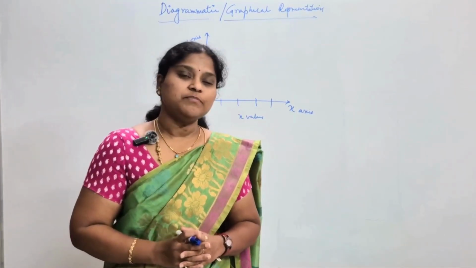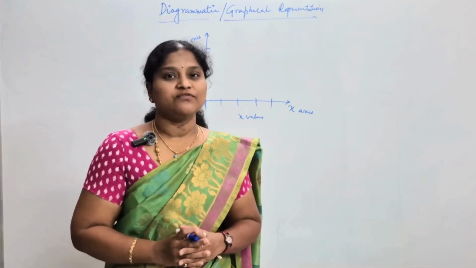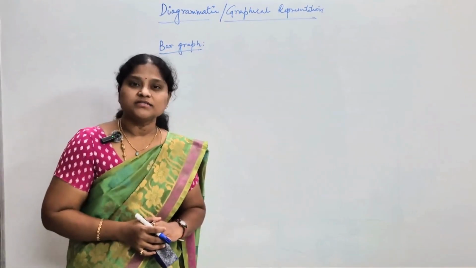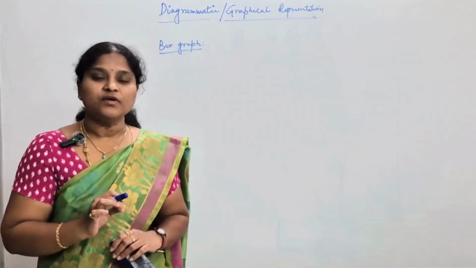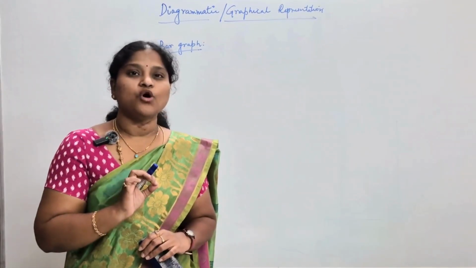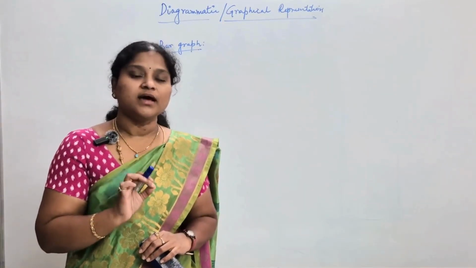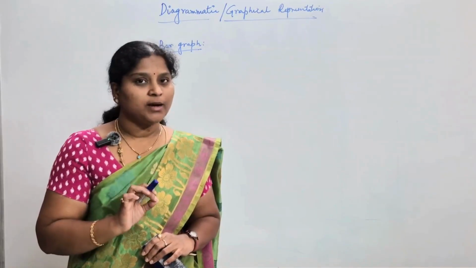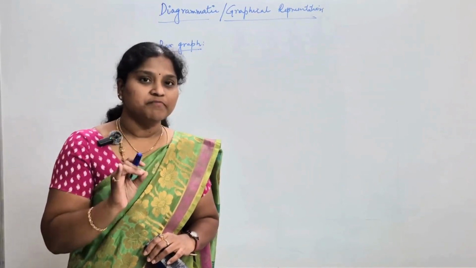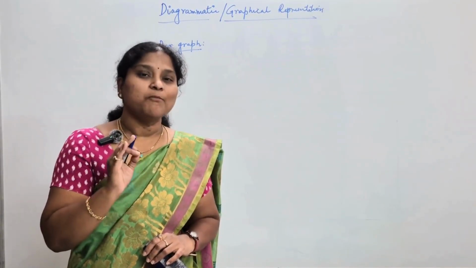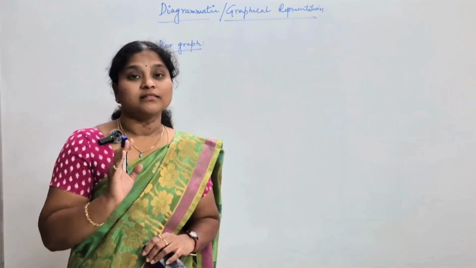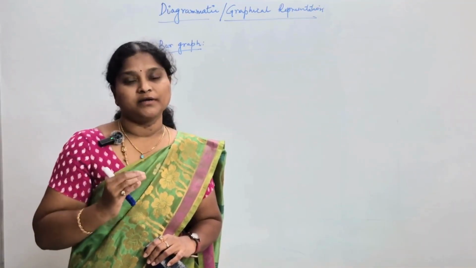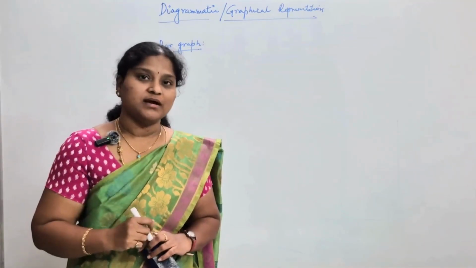Let us discuss each and every graph in depth. The first one is the bar graph. In this graph, we describe data in the form of bars. There are, in general, 3 types of bar graphs. The first one is the simple bar graph, the second one is the multiple bar graph, and the third one is the stacked bar graph. The first one is the simple bar graph.